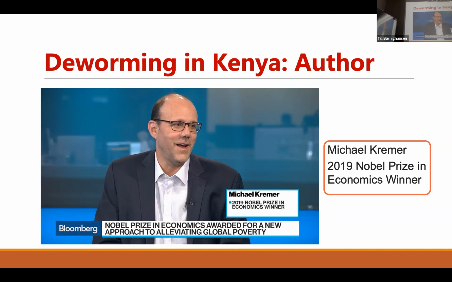He has just won the 2019 Nobel Prize in Economics for his contribution in developing a new approach to alleviating global poverty. And it's very important to know that health, society, and wealth interact. They have a close link.